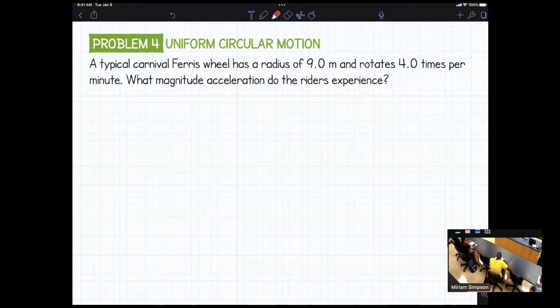D squared over R. That's an R-hat vector in the other direction. Just do the D squared.